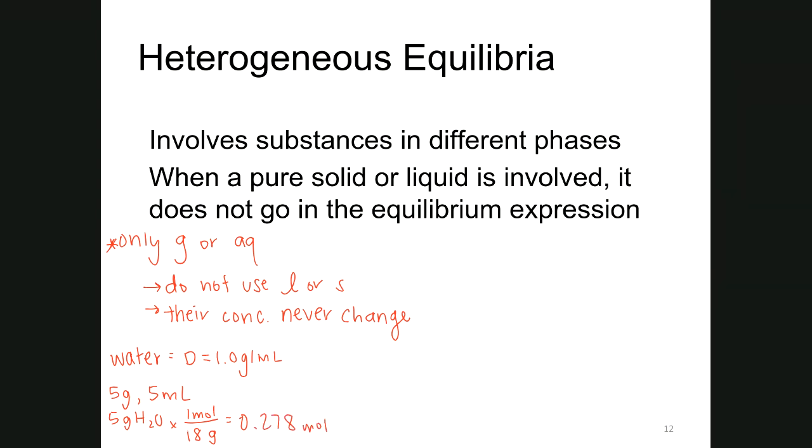And then we divide by our volume. Remember, our volume needs to be in liters, so 5 milliliters would be 0.005 liters. So 0.278 divided by 0.005 gives us a molarity of 55.6.